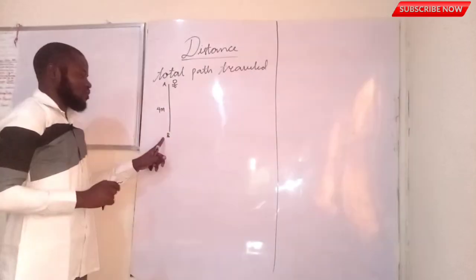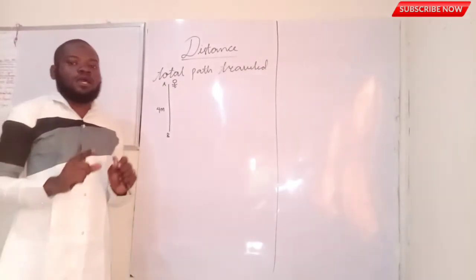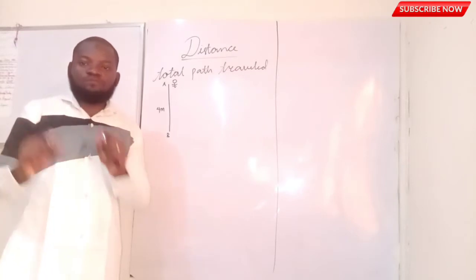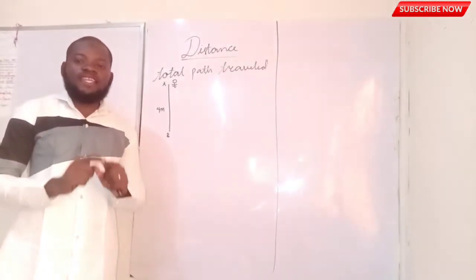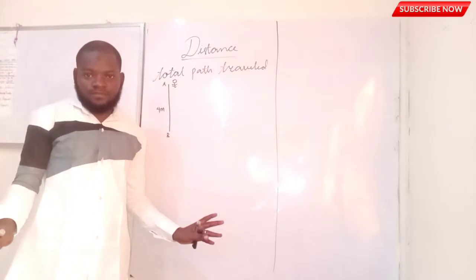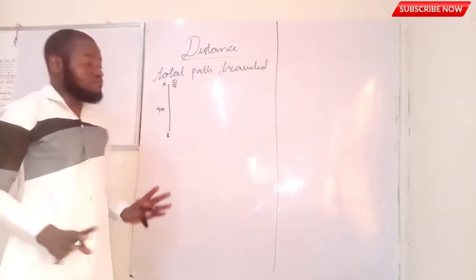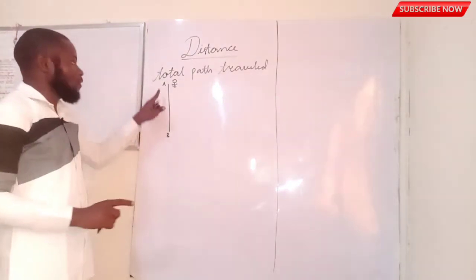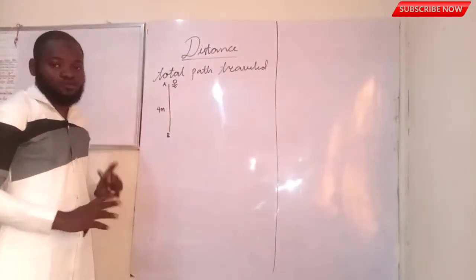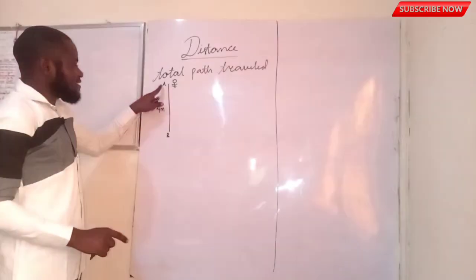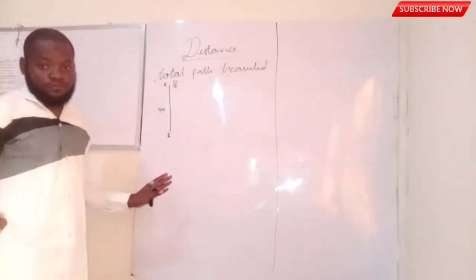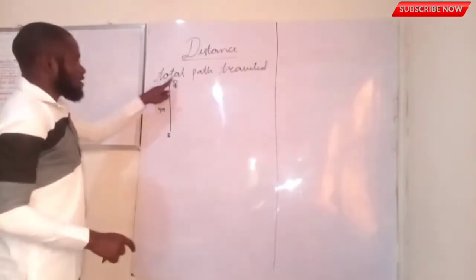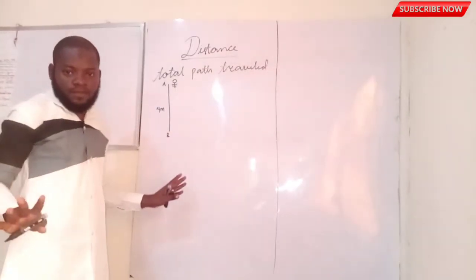But why I don't want to use that definition is because I want you to remember the definition of distance, and you should be able to carry out any arithmetic on that distance. Because if I say distance is the gap between 2 points, it won't help you to do anything arithmetic. Is that taken now? So by using that total path traveled, it will help a lot.